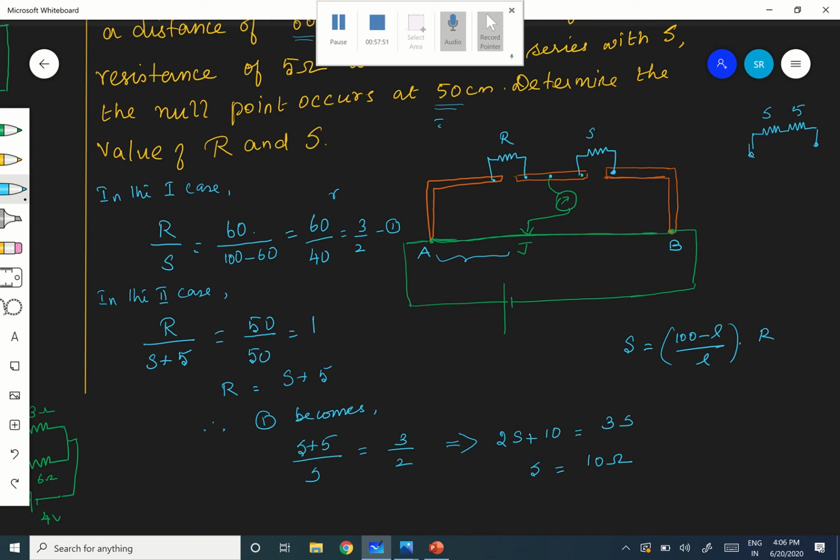Therefore, 2S plus 10 is equal to 3S, therefore S is equal to 10. Hope you are following this.